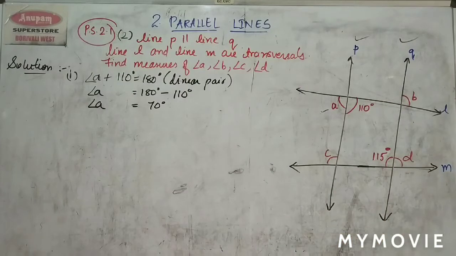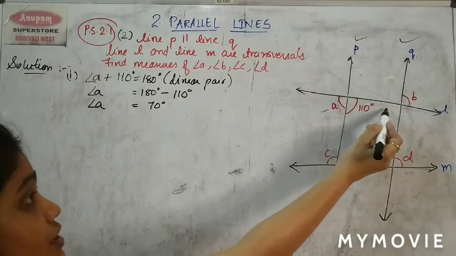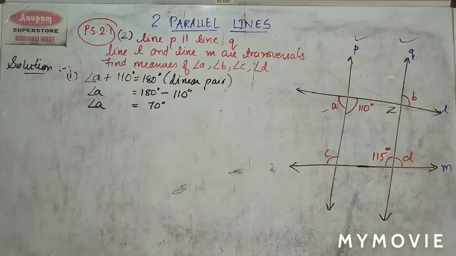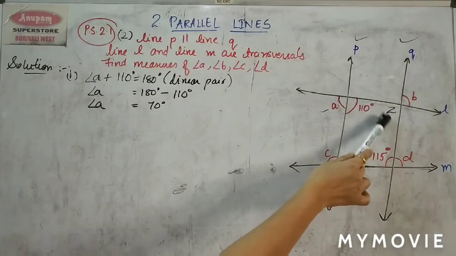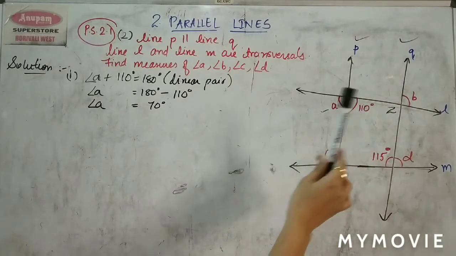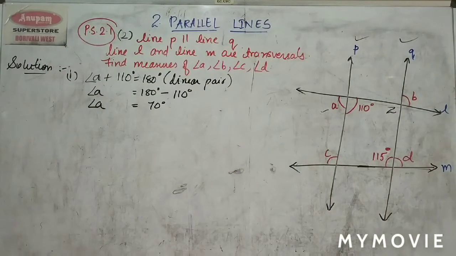So how are we going to solve? Because we cannot use interior angle theorem, we cannot use corresponding angle theorem, we cannot use alternate angle theorem. So what are we going to do? For solving purpose, we are going to say, let this angle opposite to this be angle Z. And then what I'll do is, I'll show that Z plus 110 is equal to 180.